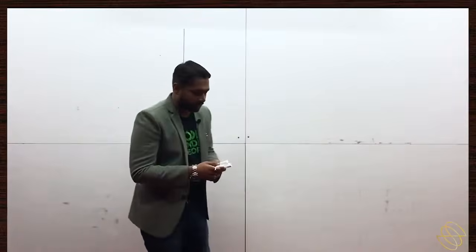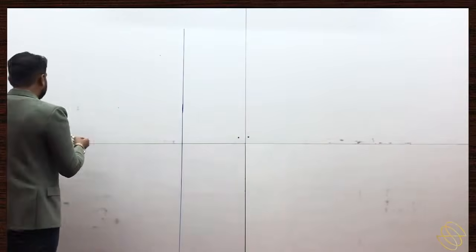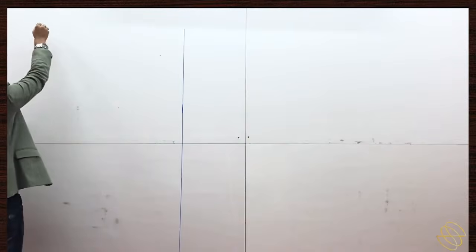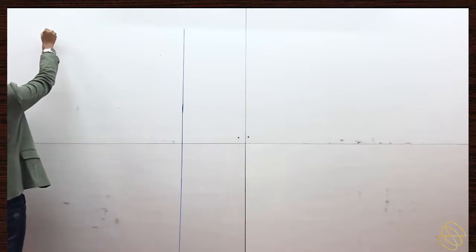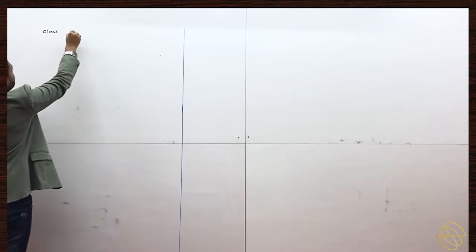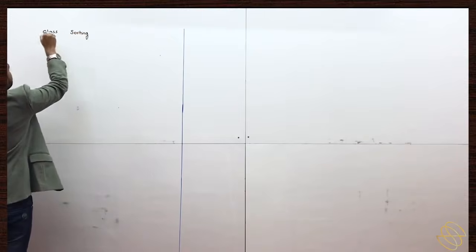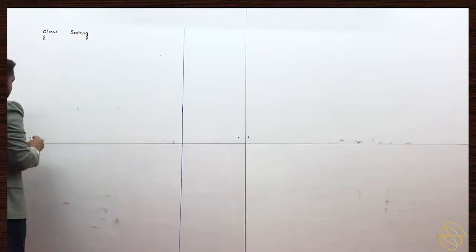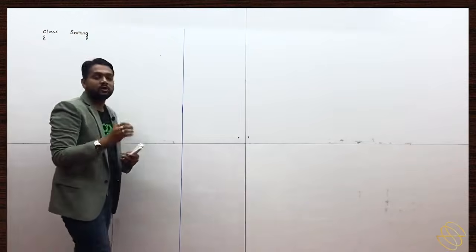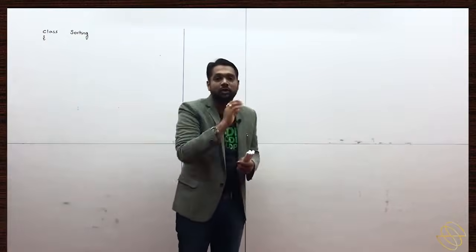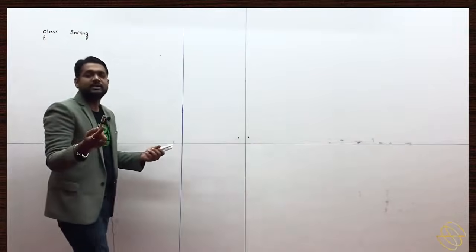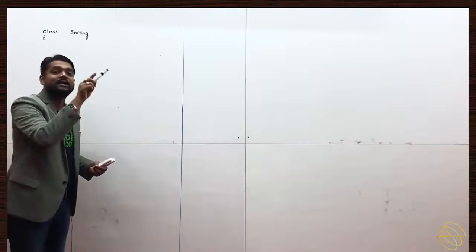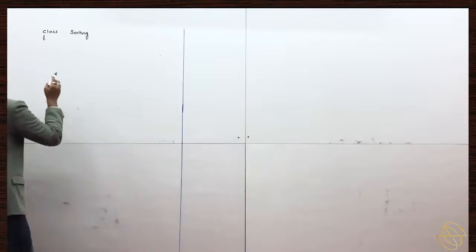So carefully watch it. Directly, I would start writing the class called sorting. Inside the class sorting, what did they tell us? You have to write a method called SelectionSort, correct? Which should return nothing, which should accept an integer array as a parameter. Same thing I would write.